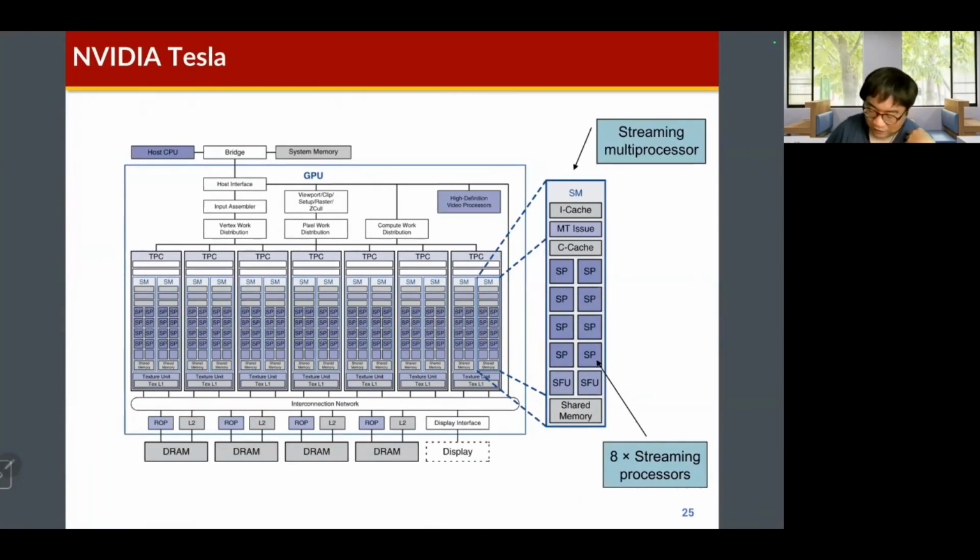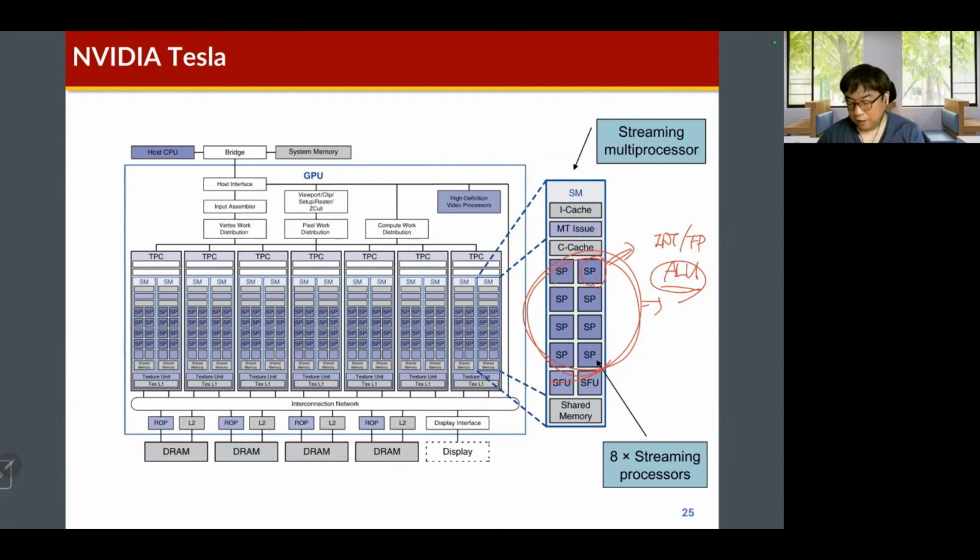So this is the GPU architecture. The GPU architecture includes very simple cores like this. In this figure, the GPU includes the SP, the streaming processor, but this streaming processor is very similar to an integer and floating point ALU. So the structure is very simple, and the size is very small.